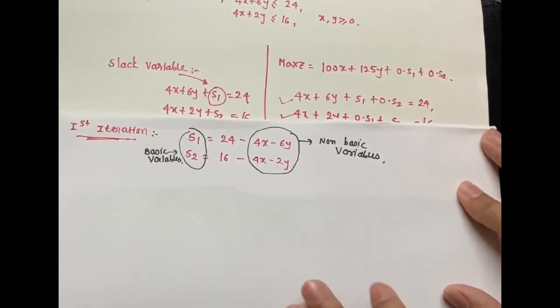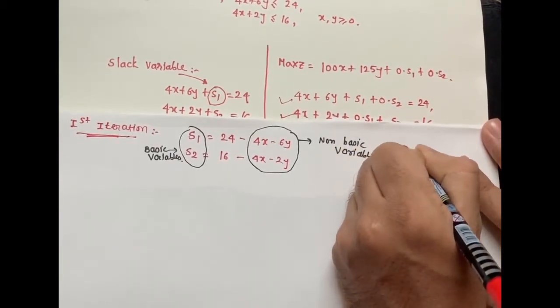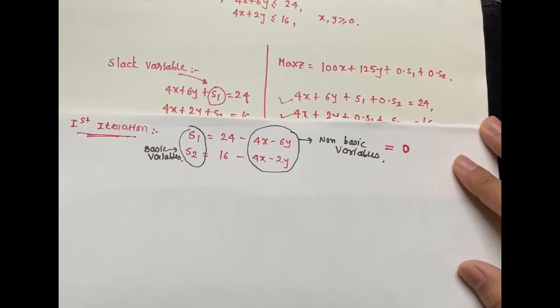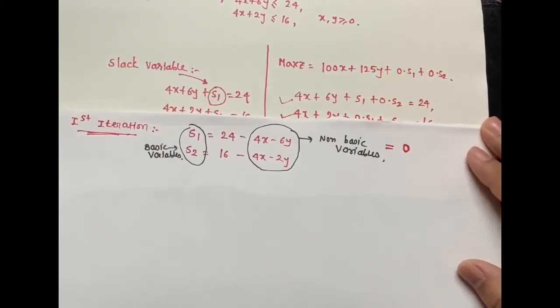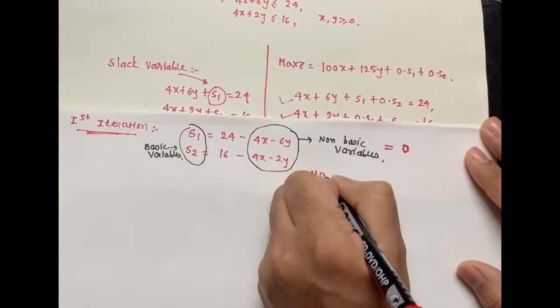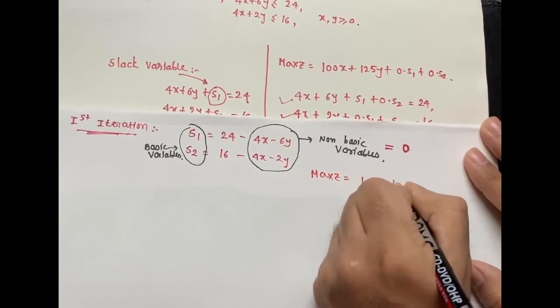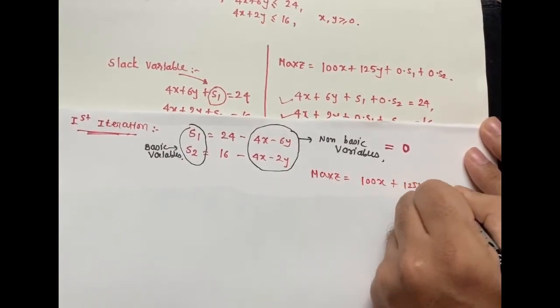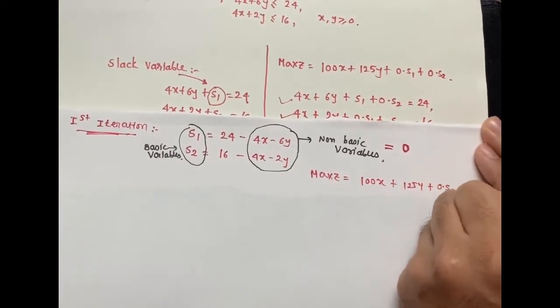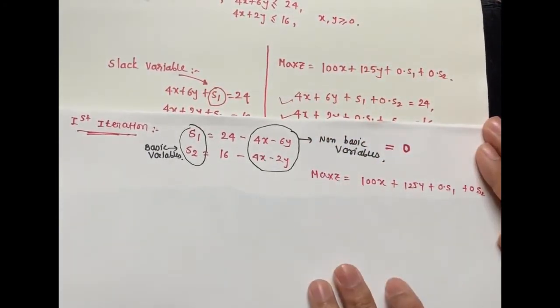In this way we are defining the basic and non-basic variables, and non-basic variables have magnitude 0. This is the initial assumption. Now if I rewrite my maximization function max z, that is 100x plus 125y plus 0 s1 plus 0 s2, I have rewritten this objective function again here.